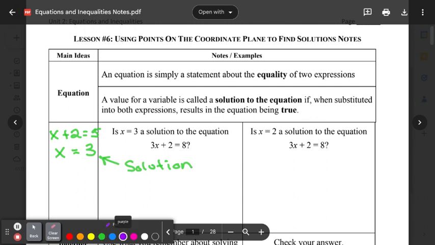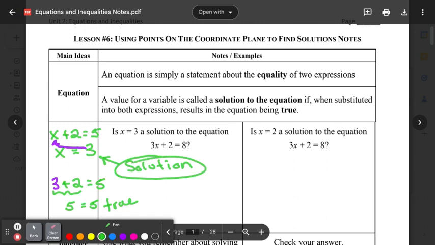And the reason why is if I substitute this in, 3 plus 2 equals 5, and then I simplify each side, both sides are equal. Our equation is true. So true and solution go hand in hand.